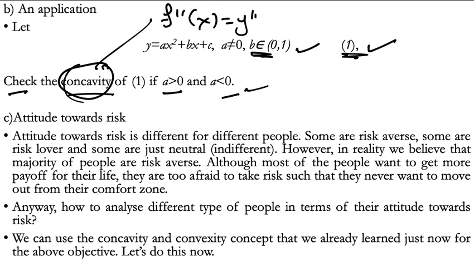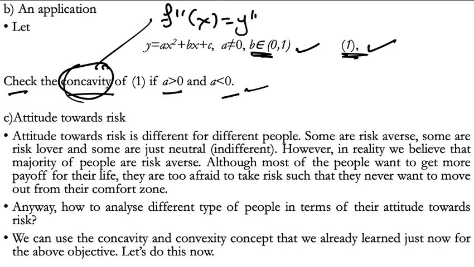I'm sure you have heard these terms: risk averse, risk lover. Some people are risk averse, some people are risk lover, but the majority of them are risk averse. But some people are in the middle; they're just neutral or indifferent.